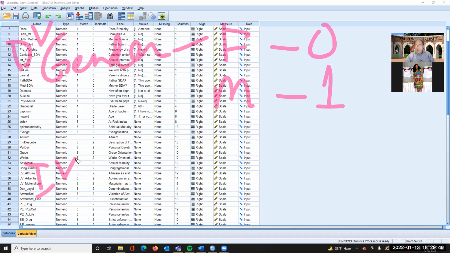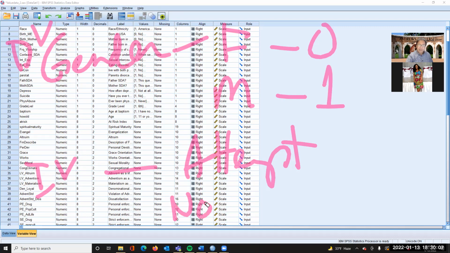So for example, let's say we want to see if there are differences between male and female on whether or not they have attempted suicide versus not attempted. So that's one.